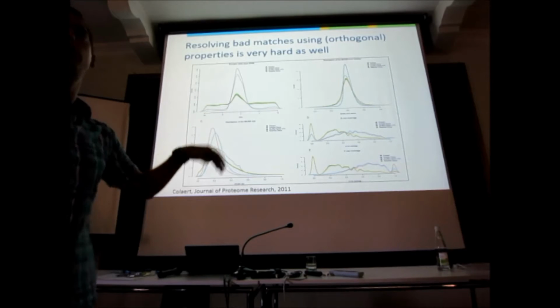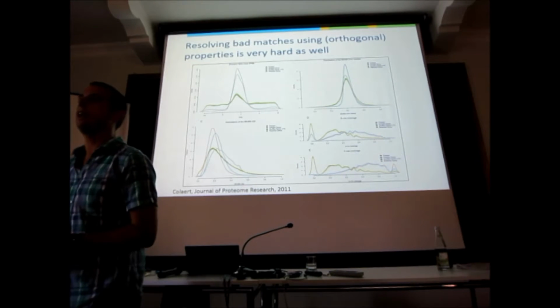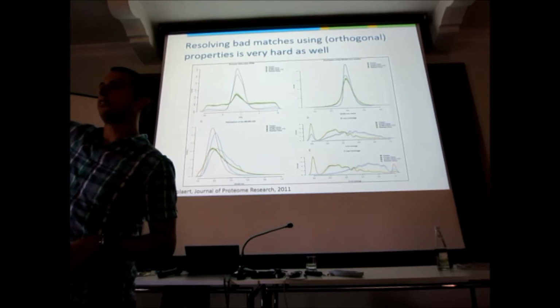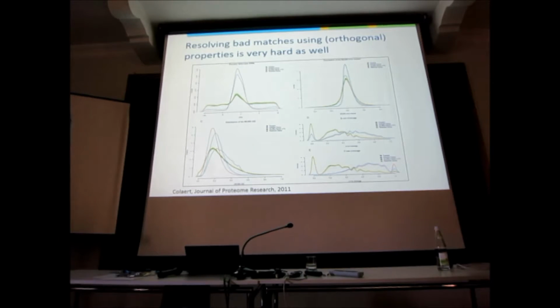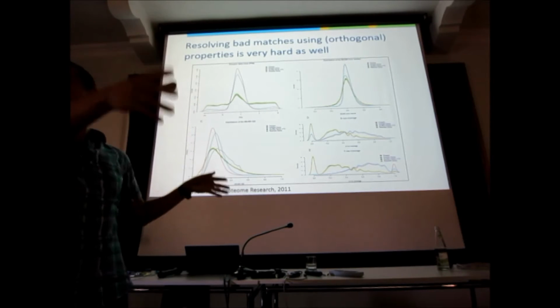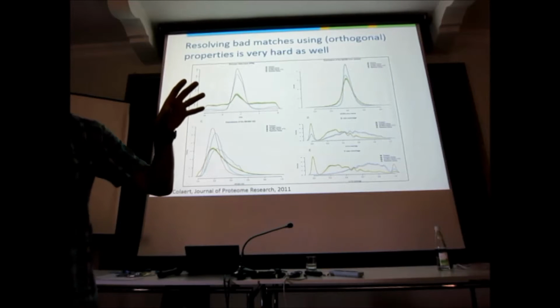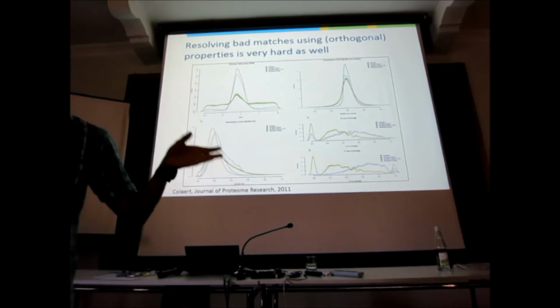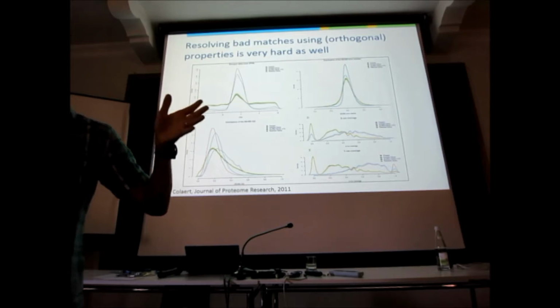Why do I make such a big fuss about that? Because everybody's going into RNA sequencing, and they all want to put RNA sequencing data into a proteomics pipeline for matching the spectra. So what do people do? They take the reference proteome, they take the sequences that they get from the sequencing, and they add in the sequences that are not in the reference. And these are all small mutations of existing peptides.